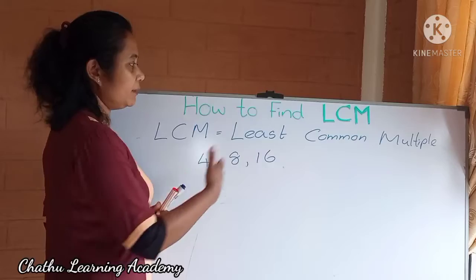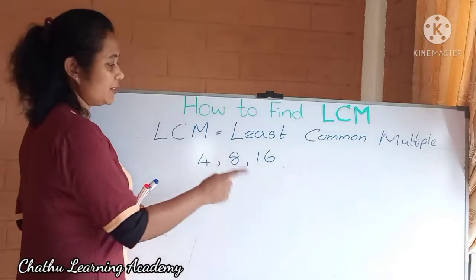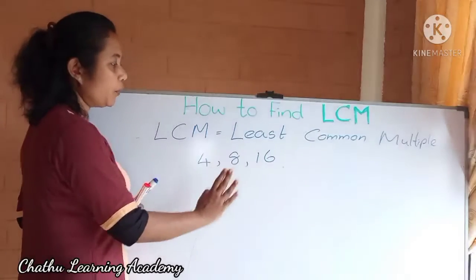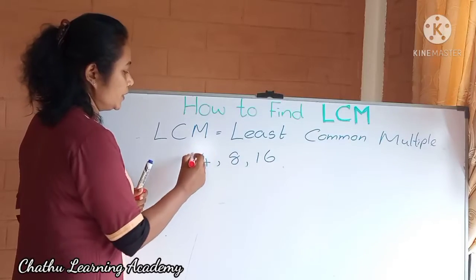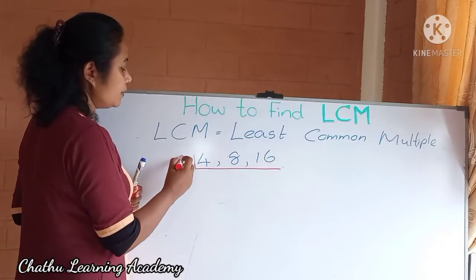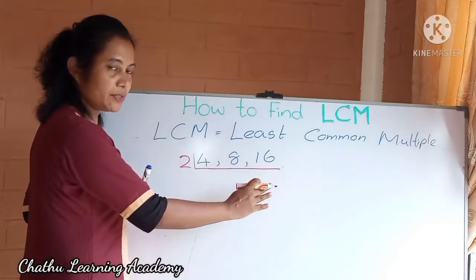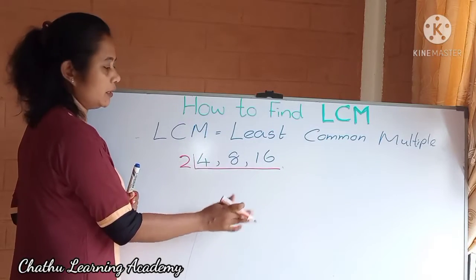I will explain the meaning of this term by using this example. If you want to find the LCM of these given numbers, normally you follow this procedure. You divide this given set of numbers by prime numbers. As long as at least two numbers are divisible, you can continue dividing.